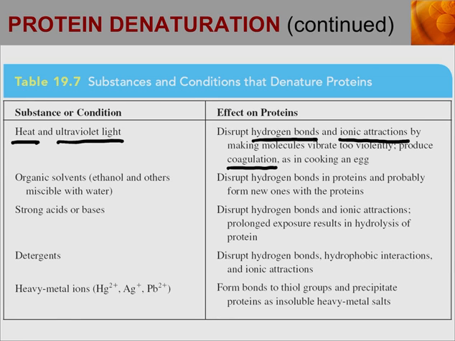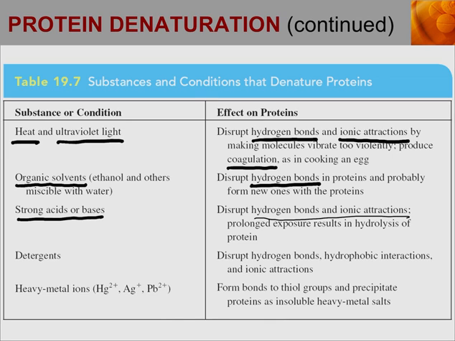You could also use organic solvents like alcohols or other substances that mix with water, and this will also disrupt hydrogen bonds. You could use strong acids or bases, which will also disrupt those hydrogen bonds and ionic attractions.